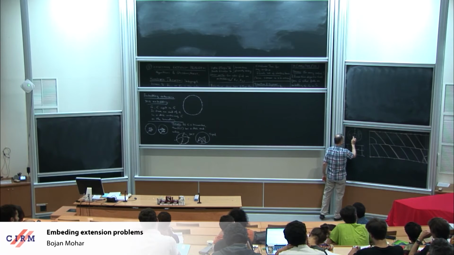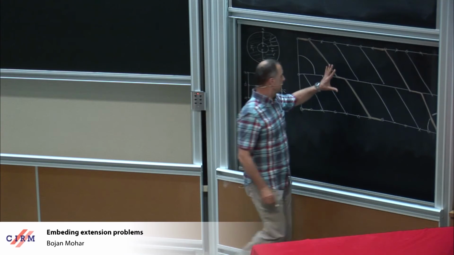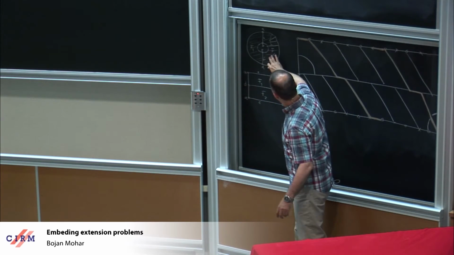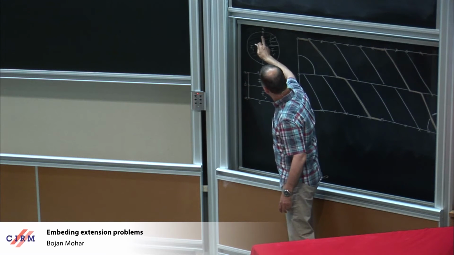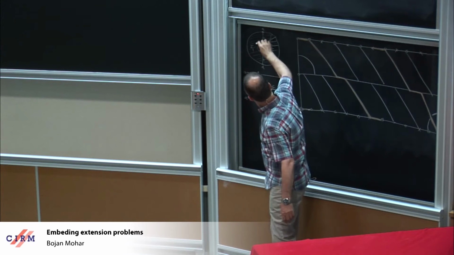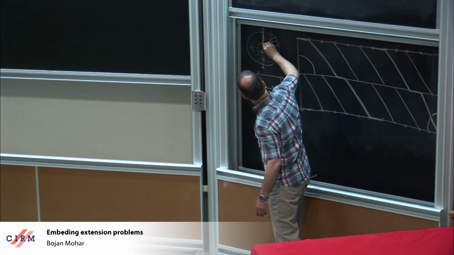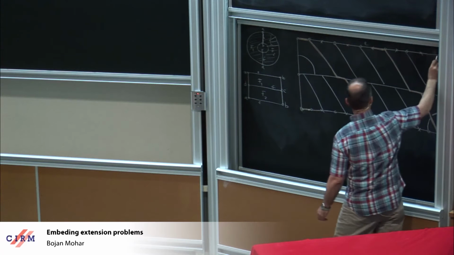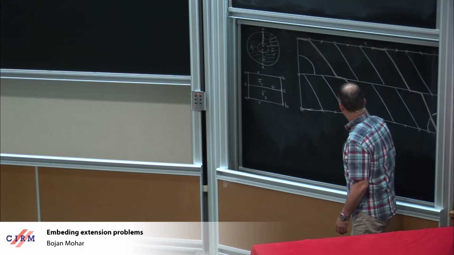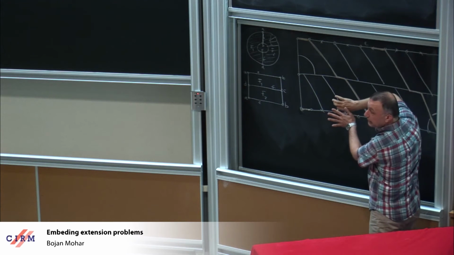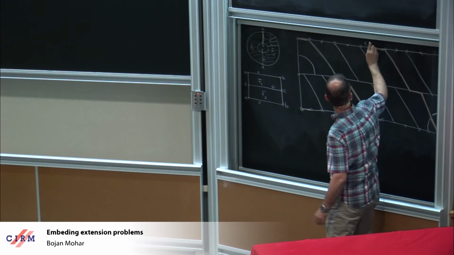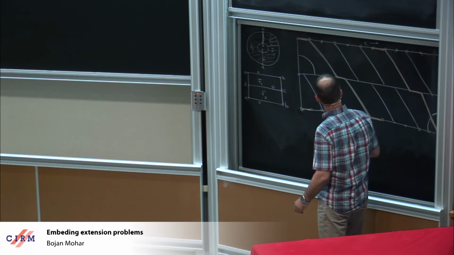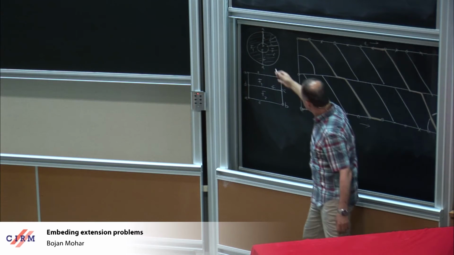So here I redraw this figure so that it's easier to draw it in this way. I cut here, and then the edge E, the path on the top, is the same as the path on the bottom. So we identify top and bottom here to obtain this figure.